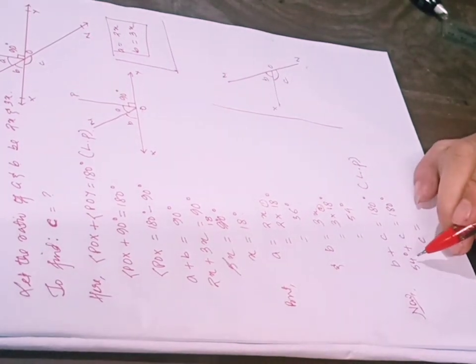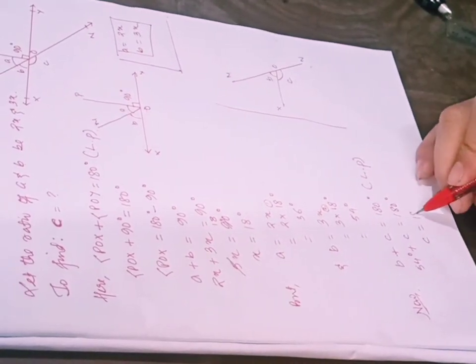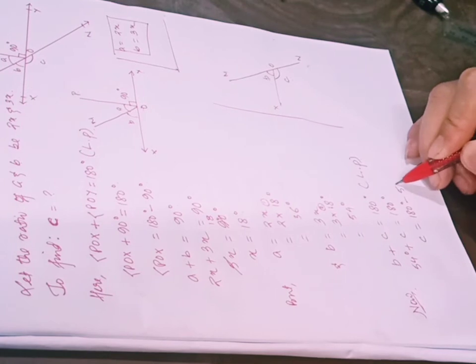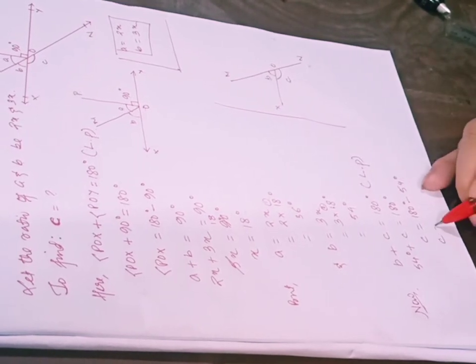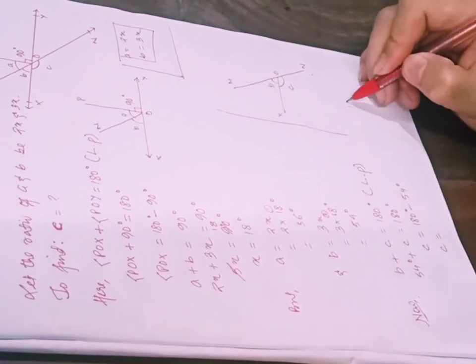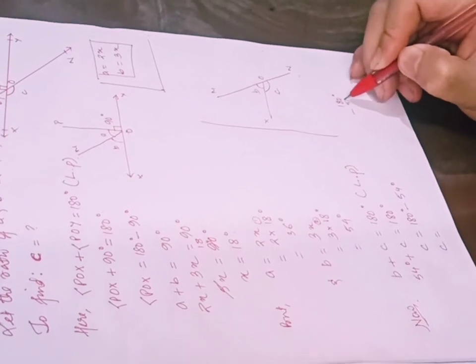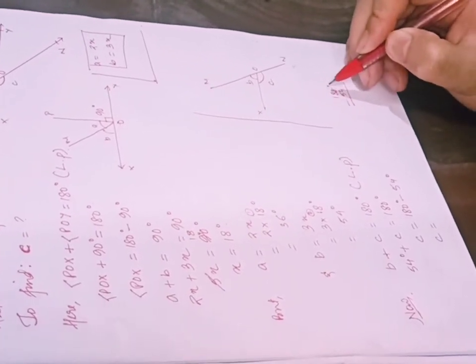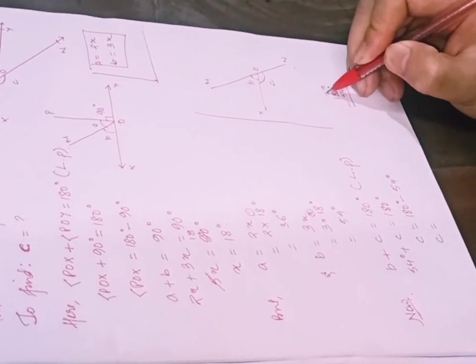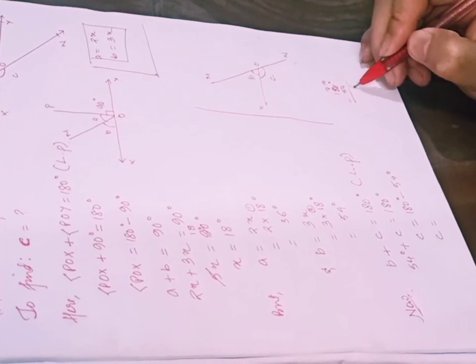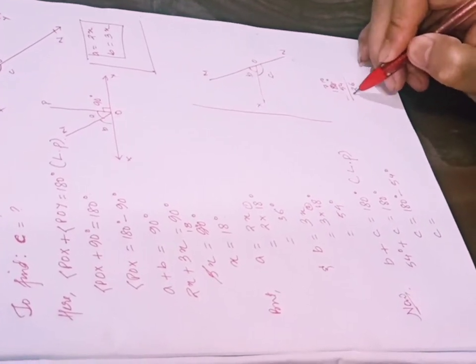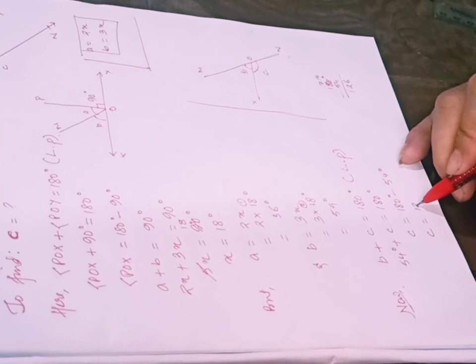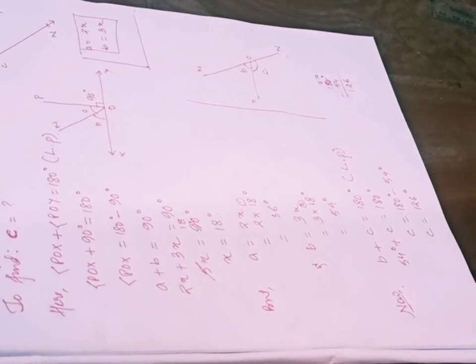So C plus 54 on transferring becomes minus 54, correct? So this gives us C equal to 180 degree minus 54 degree. 10 minus 4 is 6, 17 minus 5 is 12, 1, right? So this gives us 126 degree.